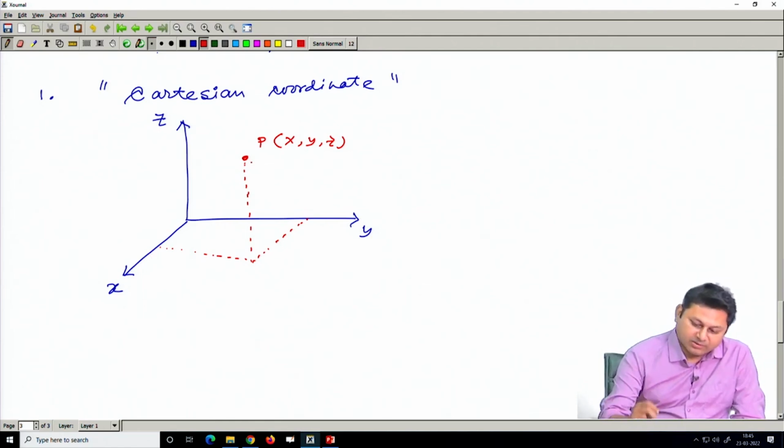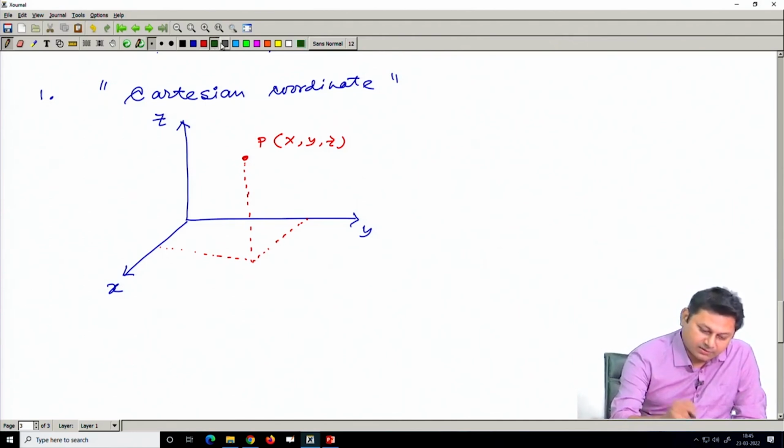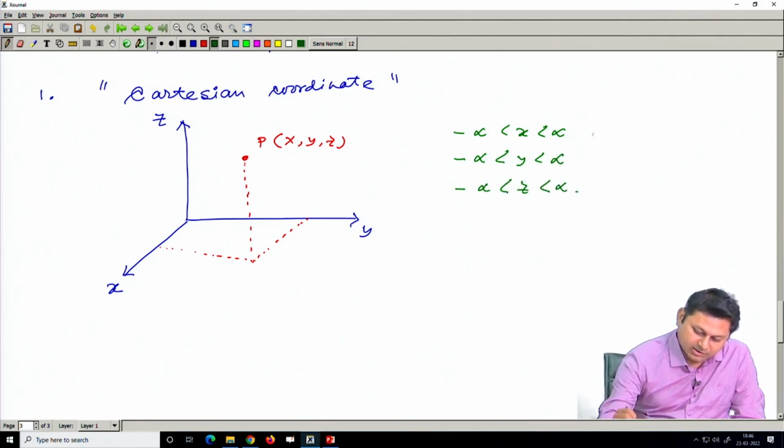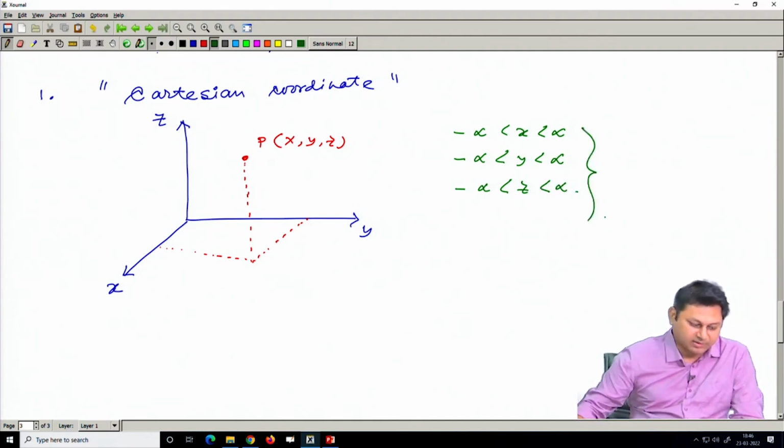This is the way we calculate. So, what are the restrictions of this coordinate system? The restriction is x is in between this range, y is in between minus infinity to plus infinity, and z lies in this range. These are the ranges of the coordinate points x, y, z.